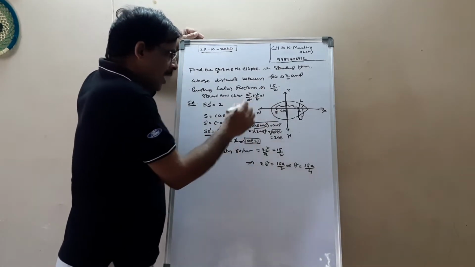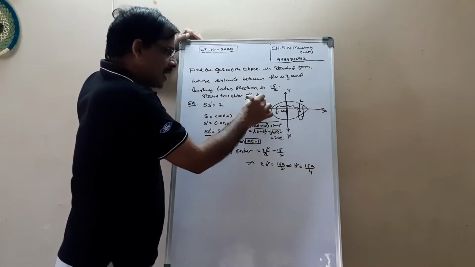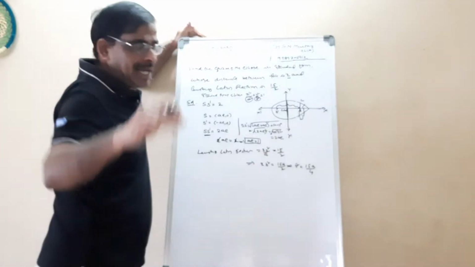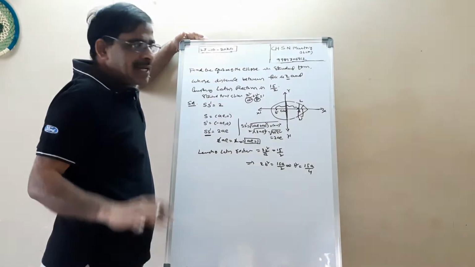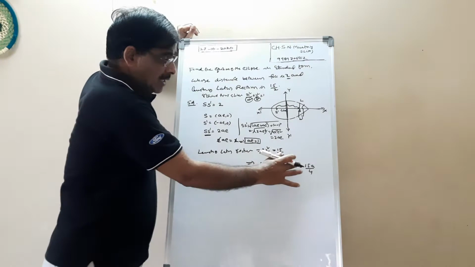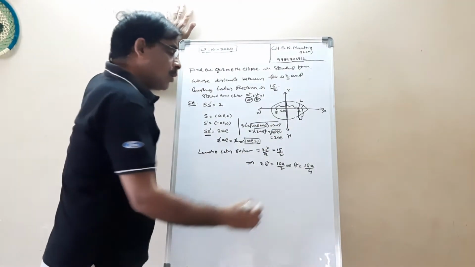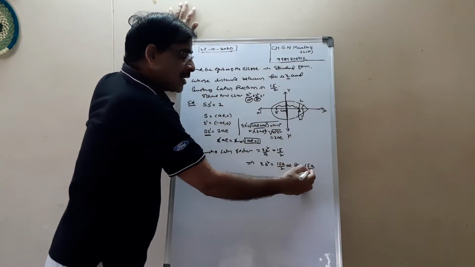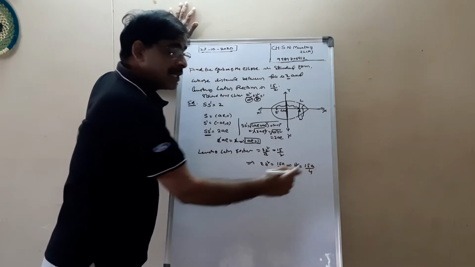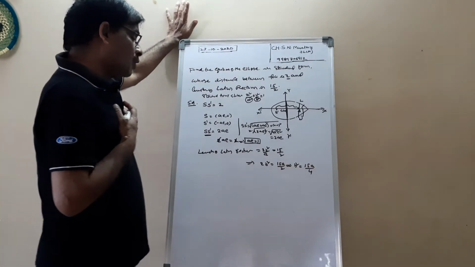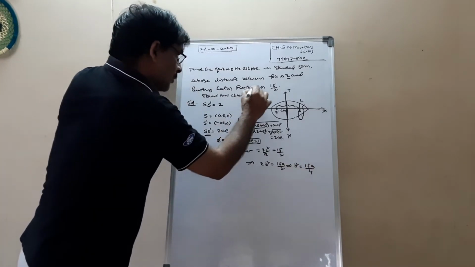We have to find the value of a square and b square to get the equation of the ellipse. How to find a square and b square values with this information? We already have b square equal to 15a by 4, but we have to find a. How to find it?